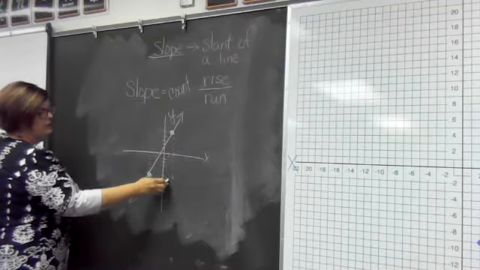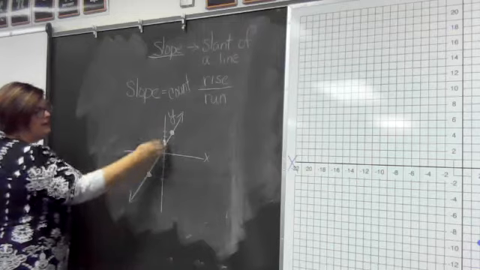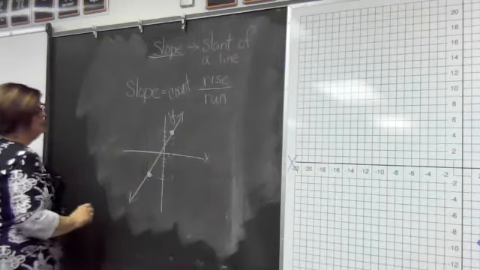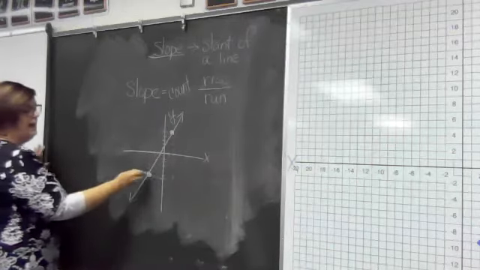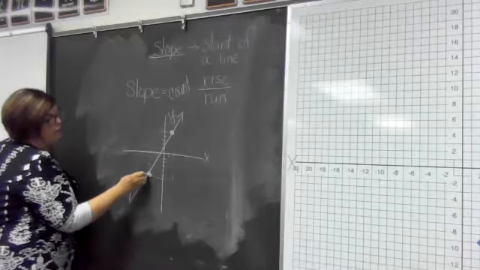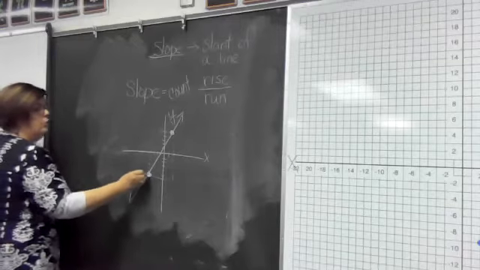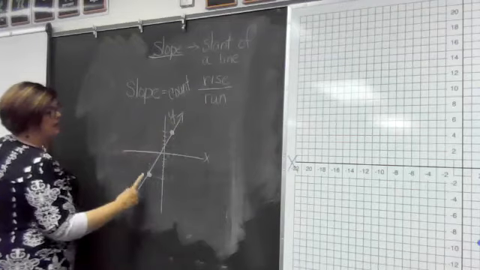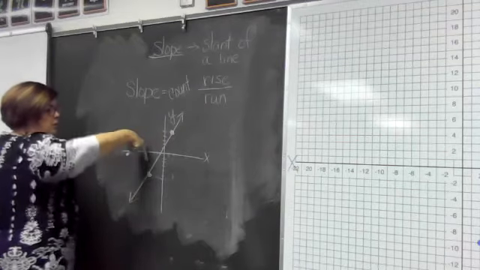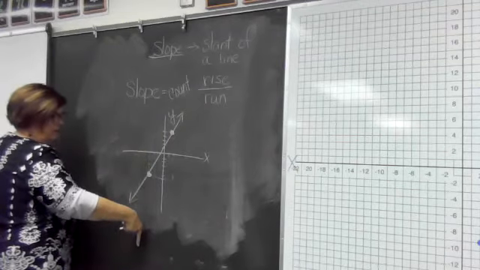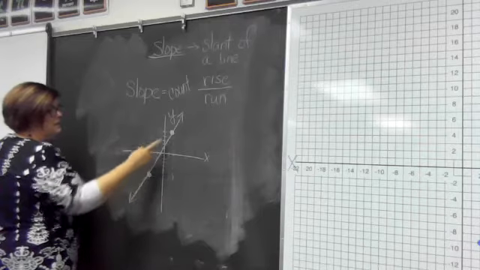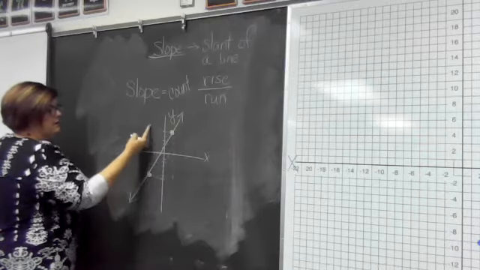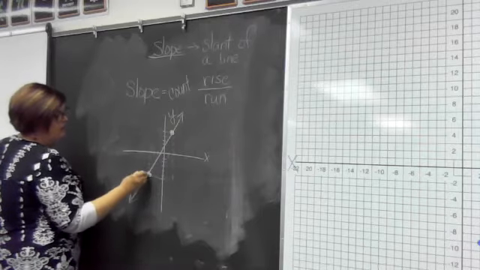The reason I'm putting this dotted line is because my lines aren't exact like the coordinate plane. So here's my house. I'm going to walk out the front door. And I know that if I need the slope, I need to rise first. Now I can have a positive rise or I can have a negative rise. This time I need to go to this point, so I'm going to have a positive rise and I need to count how many.